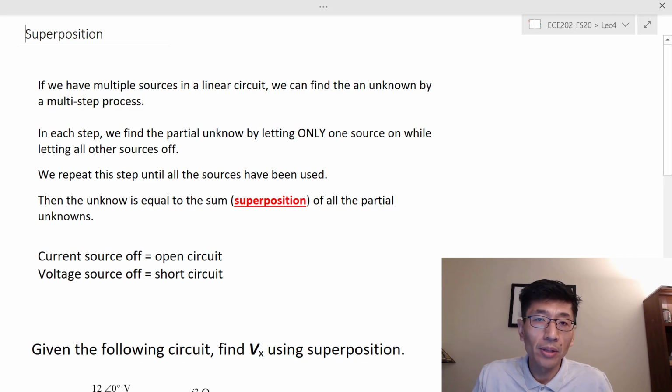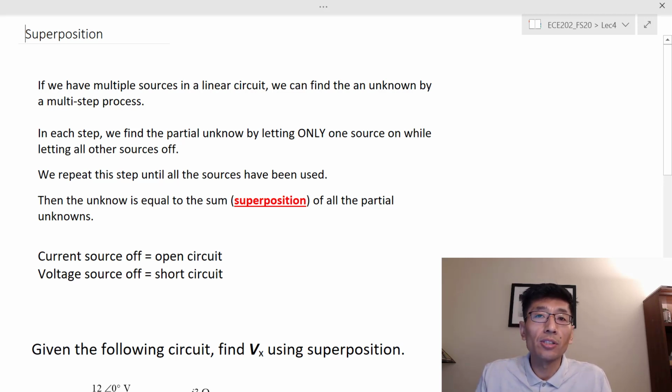If you have n sources, you turn off the other n minus one sources and leave only one, and then you can use parallel, series, all these things to figure the circuit out. You do this n times, once for every source, get the partial solutions, and sum them up. You superpose the solutions and you get the final answer.